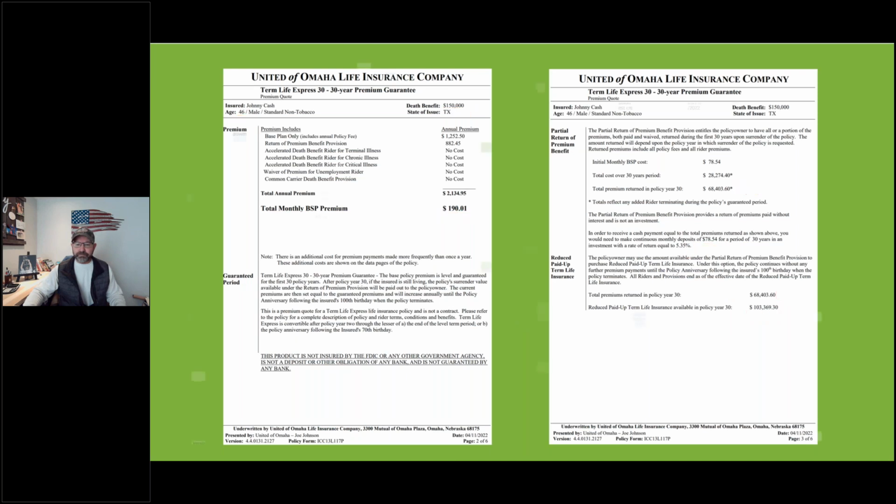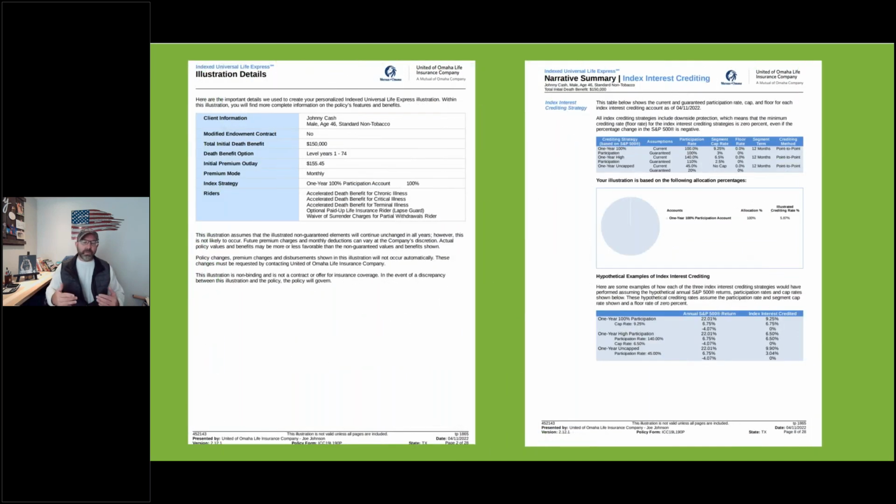You're ready, my friend. Okay, the first comparison I'm going to do is side by side. That was the ROP. Same client, Mr. Johnny Cash, age 46, non-tobacco. We're going to do 150,000 of life insurance. When you do the illustration, I did target premium.